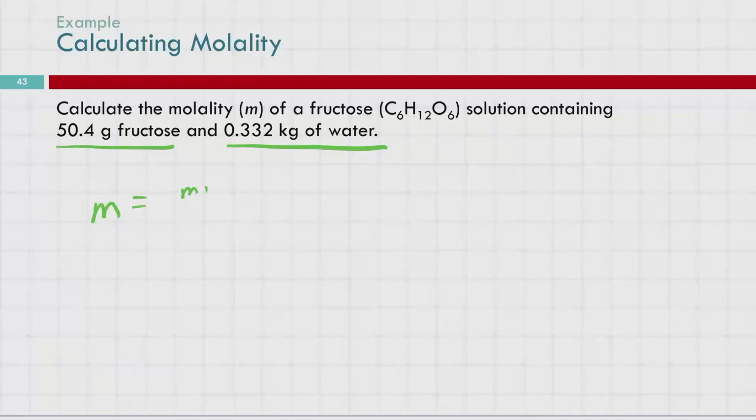Molality equals moles solute, number of particles of solute, over kilograms of solvent. We have two chemicals here. We have fructose, we've got water. Which one is our solute? Which one is going here on top?